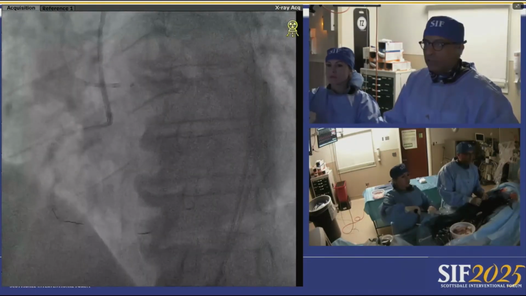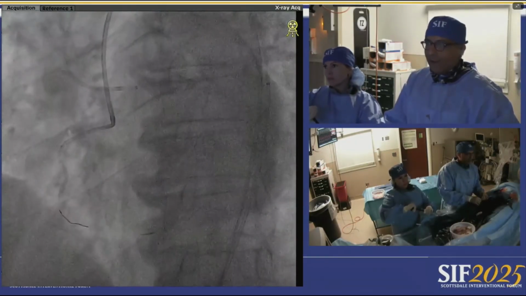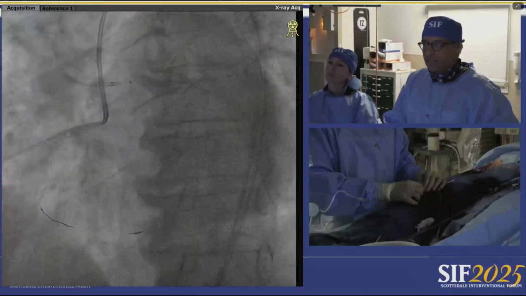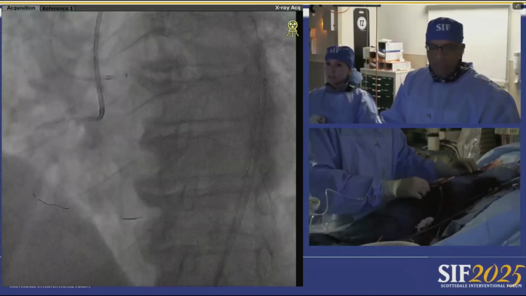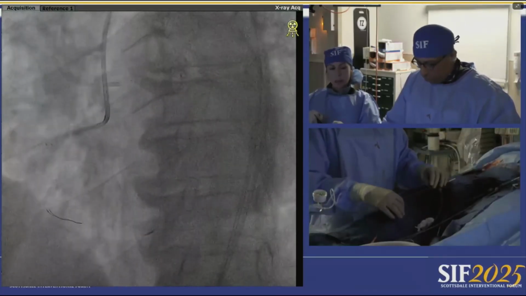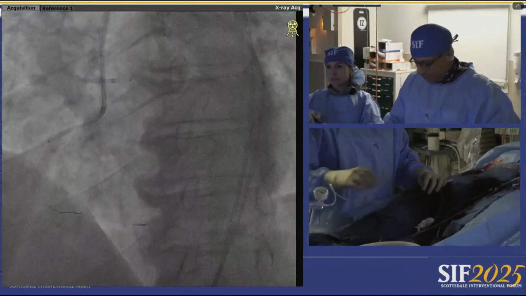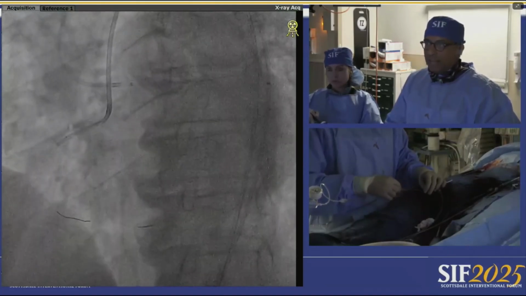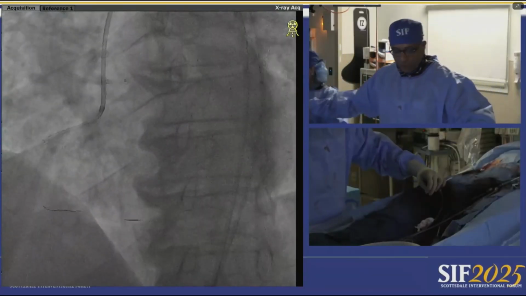I'm just going to see where the wire goes retrograde, and if it goes, I'll take it. If it doesn't, then I'll try antegrade. I don't think that at this point, having a multi-option case gives you all the luxury of getting efficient, especially in a guy who's a big guy and racking up radiation here as I work.